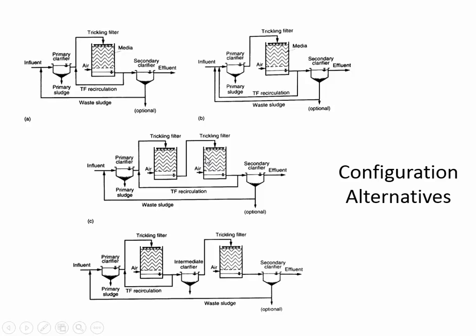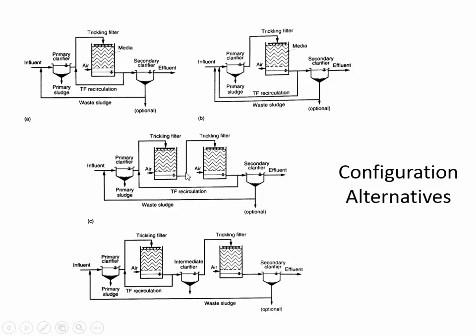Having filters in series like this improves the performance. And an example we're going to work tonight using rock filters, we'll have two filters working in series. And you can see that there's an optional waste sludge recirculation that can happen between the secondary clarifier and influent to the primary clarifier.